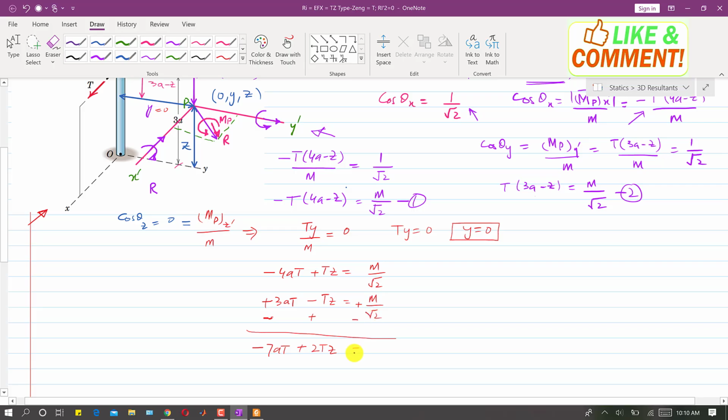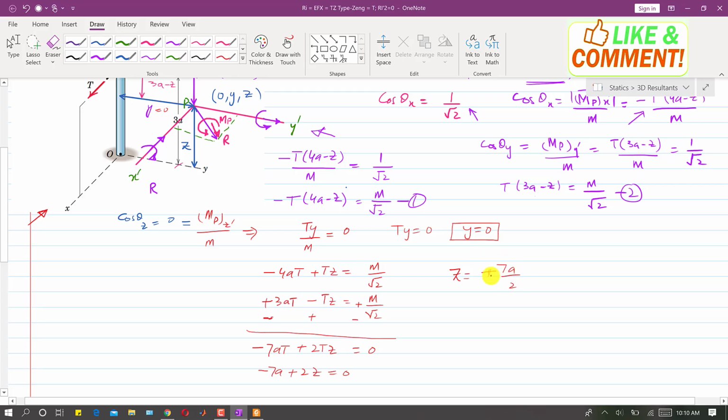So we will be left with 0, and we can cancel out this t as well, right? If we take t as common, then t can be cancelled out. So if I write, this will be minus 7a plus 2z equals to 0. And if we want to find the z coordinate, the z coordinate will be equal to plus 7a divided by 2.